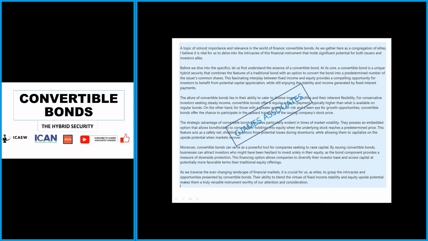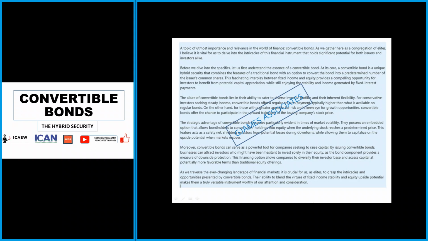Having established that, convertible bonds are for businesses and also for investment purposes. So both the issuer and the investors are the two sides of the game.